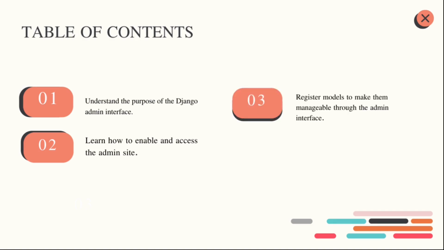Finally, we will learn how to register models so they can be managed through the admin interface. By the end of this lesson, you will have a functional admin site ready to help you manage your blog application. Let's move on to understanding what Django admin is all about.